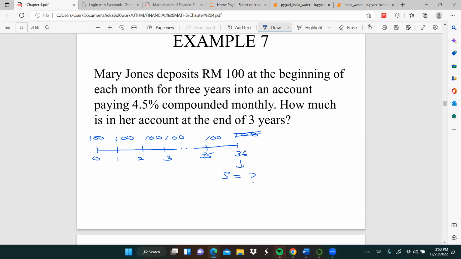Thus we have the annuity due. So we have R equal to 100, then I is 0.045 divided by 12, which is 0.00375. N is 36.